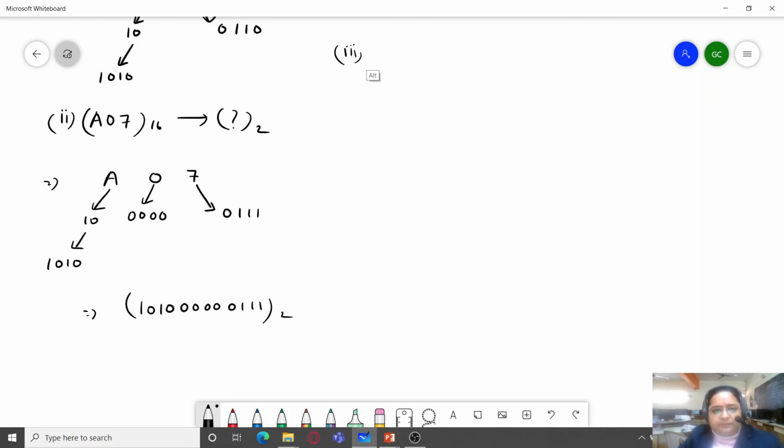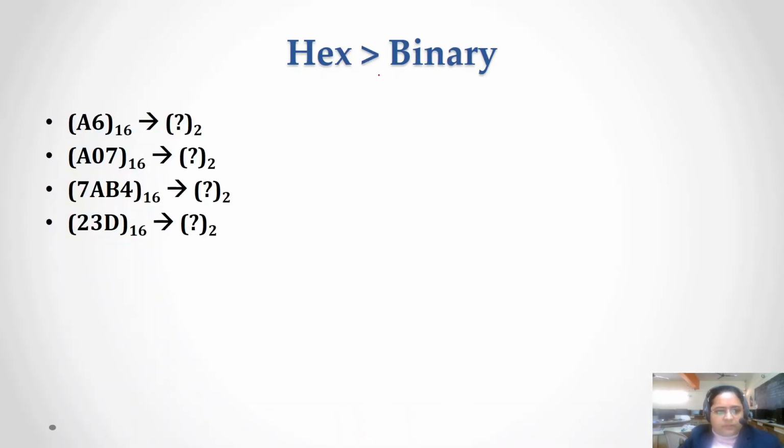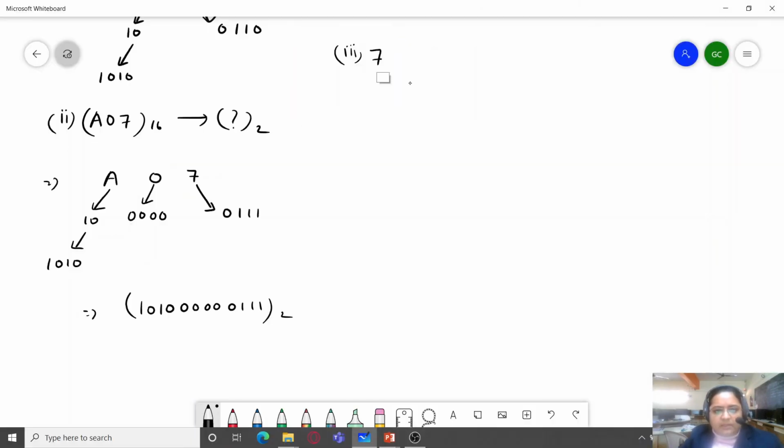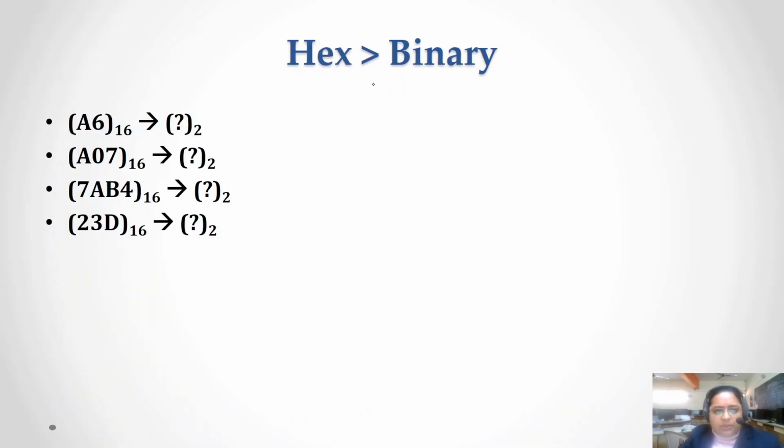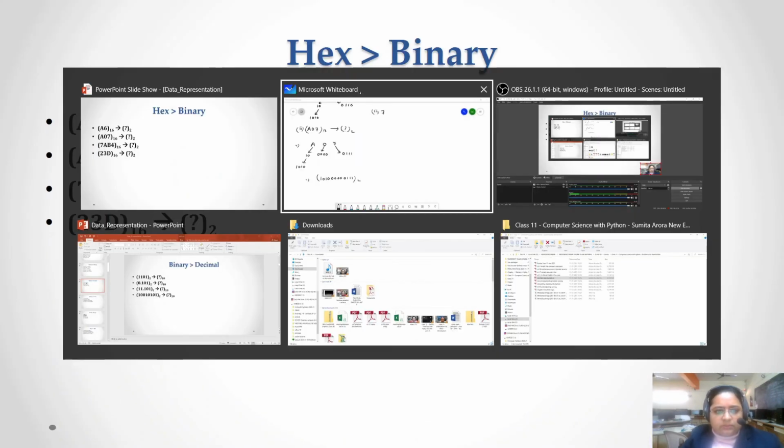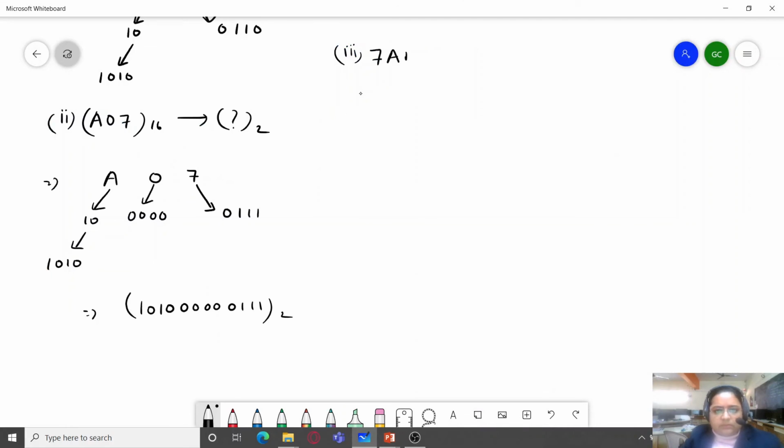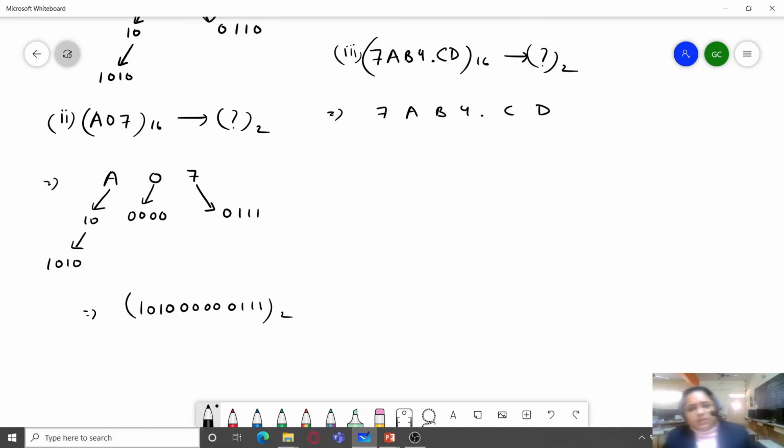Next, 7AB4. Let us also take C and D over here. So here we will write all the digits first of all. Now you can see that in this number also we have digits after the decimal point.